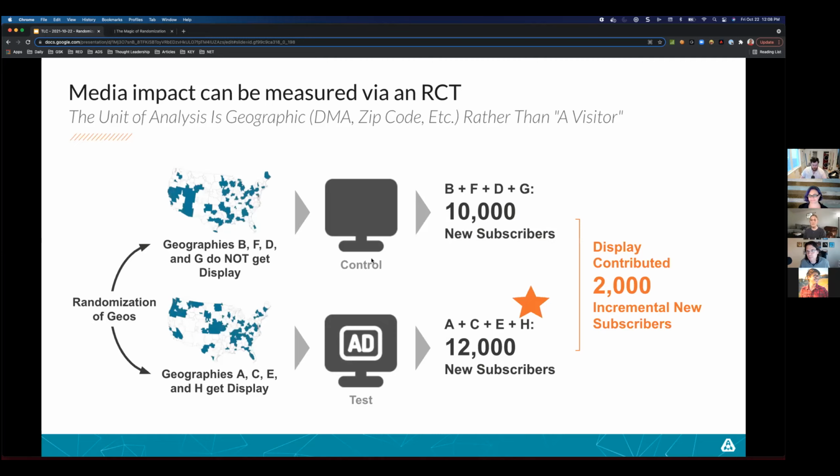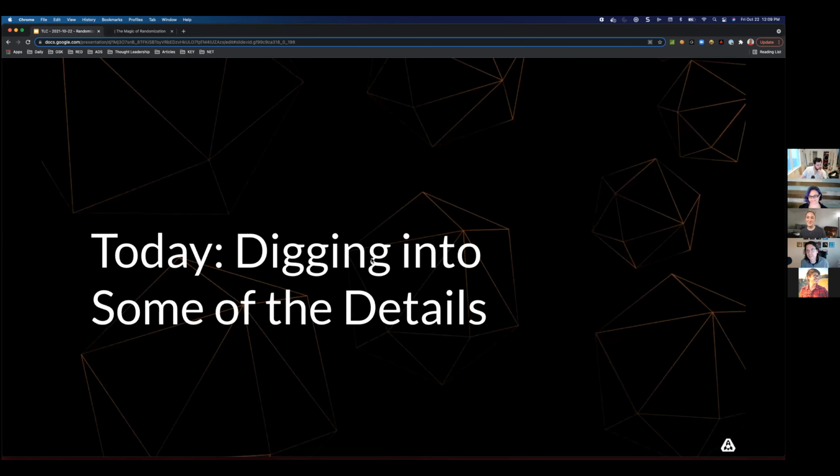RCTs apply in many different ways, but if we're randomizing on something like DMA, we only have a couple hundred subjects as opposed to several thousand. That's where covariates can be a good way to add additional information that we can use to decrease our sampling variability. I think with that, I will hand it over to Julie for new content.